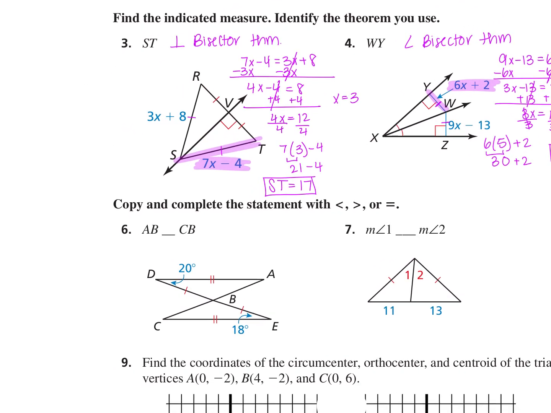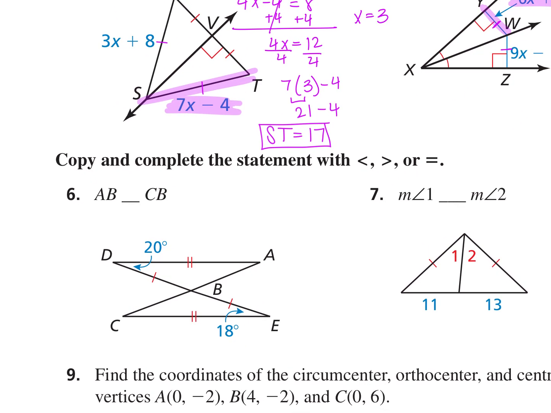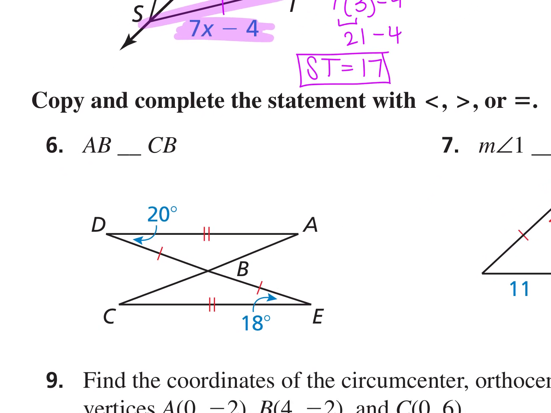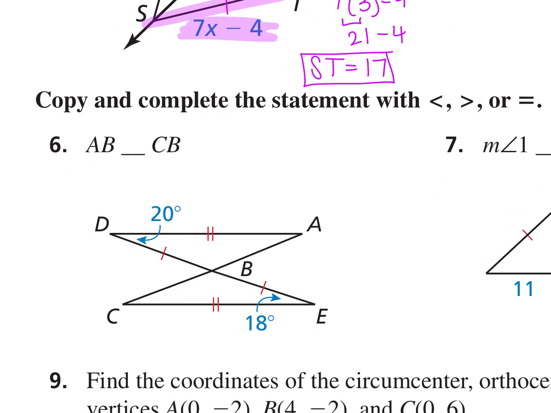Going to 6, 7, and 8, it says copy and complete this statement with less than, greater than, or equal to. So when I'm looking at this diagram, first I need to identify, are there two congruent sides? These are congruent right here as well as these. Then I'm going to look at my angle and determine my third side. If you were wondering what theorem this one is, this one's the hinge theorem.